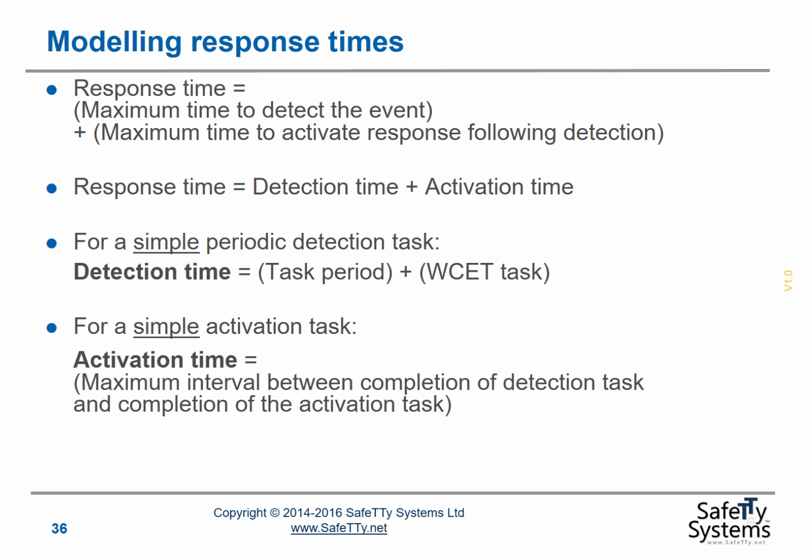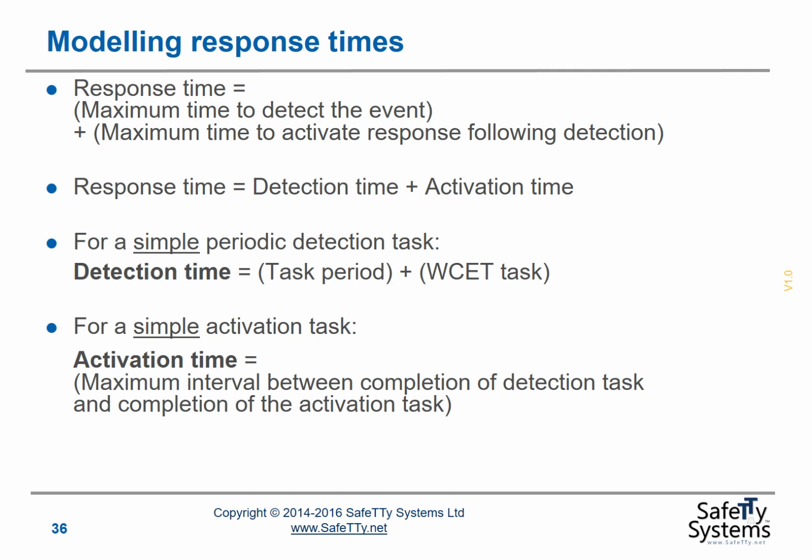We can't be sure that we will be able to respond to that event, so we have to assume that we can only begin responding to that event the next time the task runs, that is, a task period later. And we can only assume that we will have completed our response to that event by the time the task completes, which is a time equal to the worst case execution time of the task. So the detection time is equal to the task period plus the worst case execution time of the task for a periodic task.